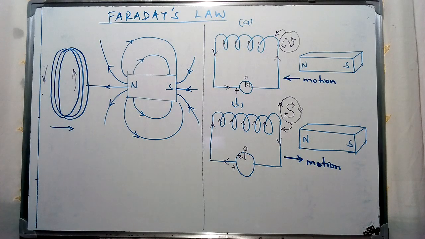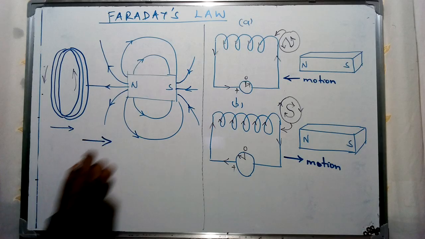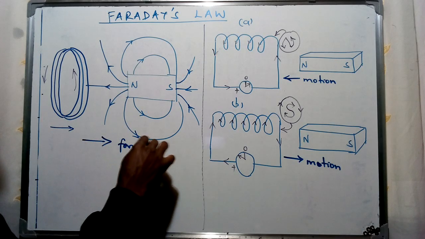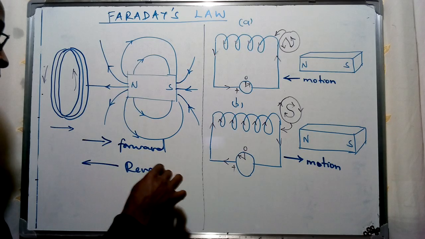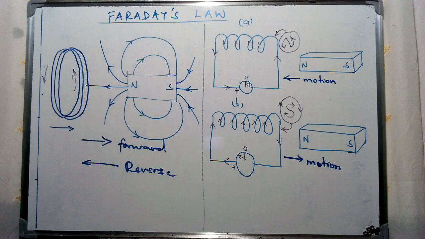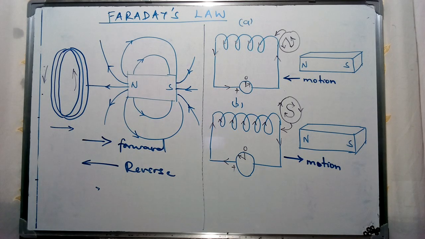So in this case, from the first experiment, the first illustration which I've given for A, we're going to consider the relative motion of this specific coil relative to this specific magnet. In case we're going to have a forward motion and, of course, the reverse motion, and try to see what are some of the effects on this specific direction of the current, which we're going to be realizing from this particular case.